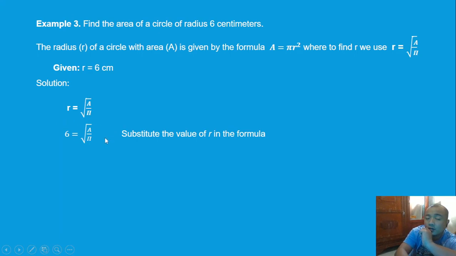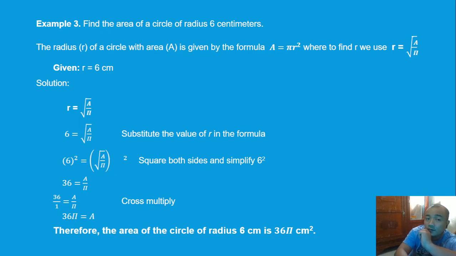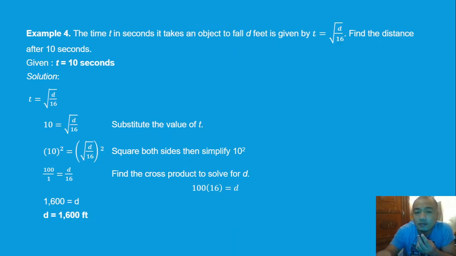So for the value of a, which is the area, we're going to first square both sides of the equation. 36 is equal to a over pi, and since pi is 3.14, okay, let's multiply 36 by pi. So the area is 36 pi square centimeters. That's fine. 36 pi square centimeters is the area of the circle with the radius 6.